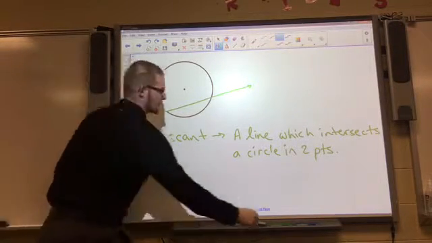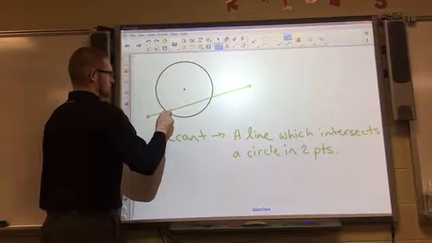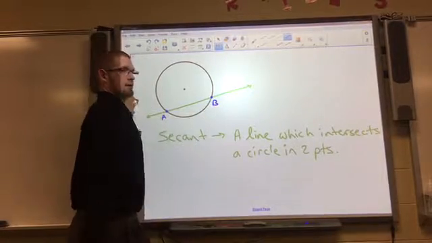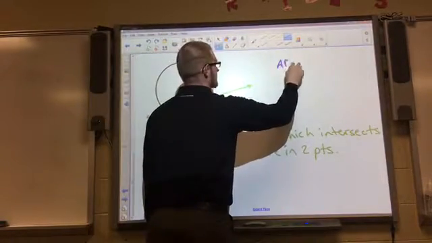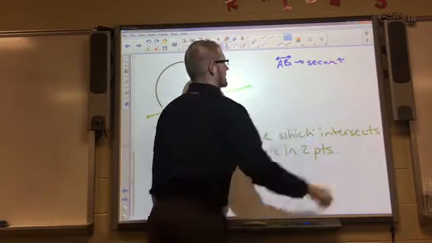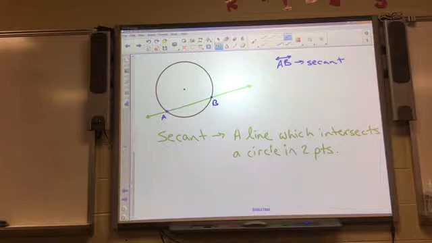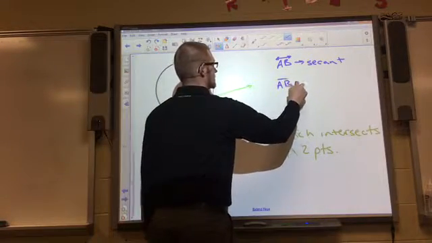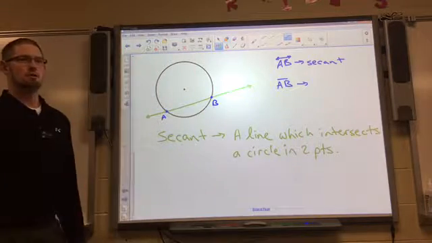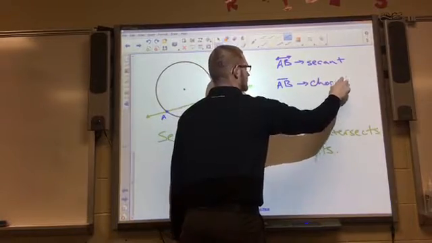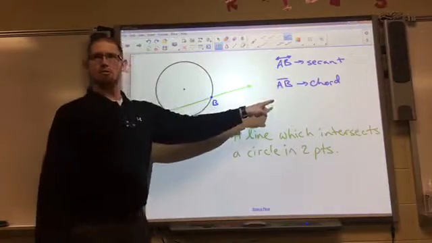Now, we've been talking in the last few class periods, you do have to be careful. Okay, let's say these are points A and B. If they told me this, I would name that a secant. Everybody agree with that? Okay. But if they told me this, that's a chord. Does everybody see the difference in these two?